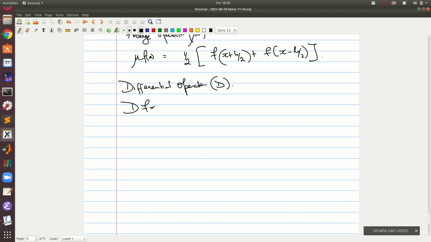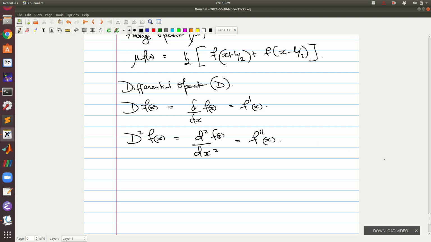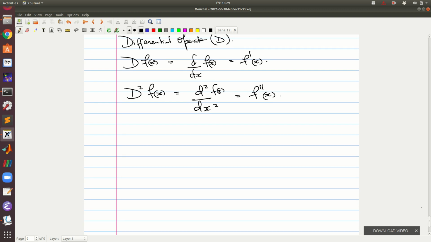The differential operator of f at x is defined as the derivative with respect to x of f of x, and we can denote it by f prime of x. The second differential operator of f at x is defined as the second derivative of f of x with respect to x, and we can write it as f prime prime of x.